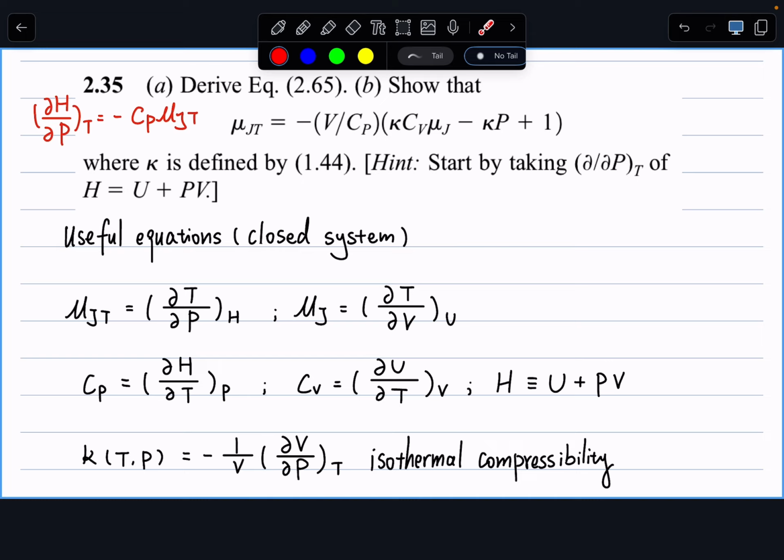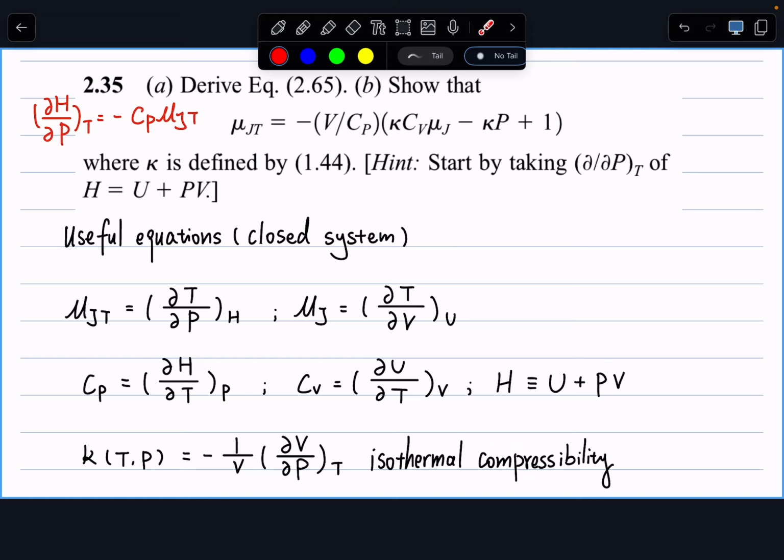All right, so our goal now becomes to prove the partial derivative of u over p at constant t equals the isothermal compressibility chi times Cv times mu j times volume. Following what we did in section 1, whenever we see this kind of expression, we just write out each of these terms in their partial derivative form.